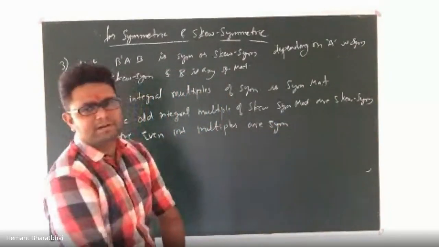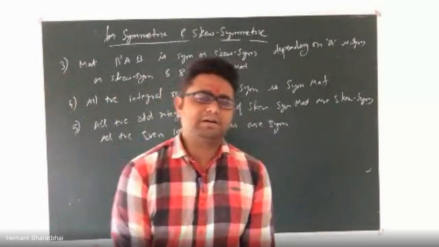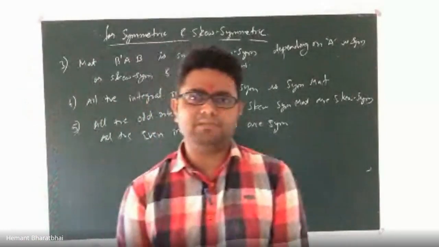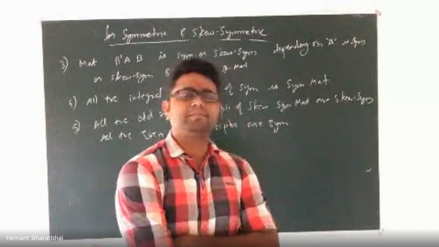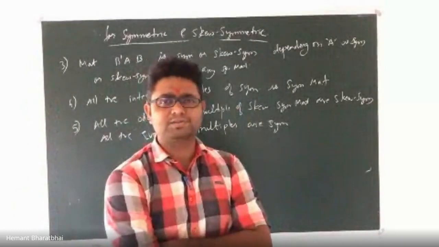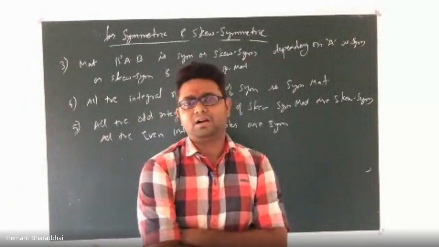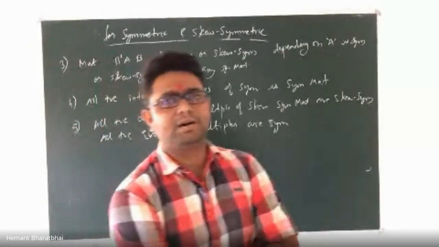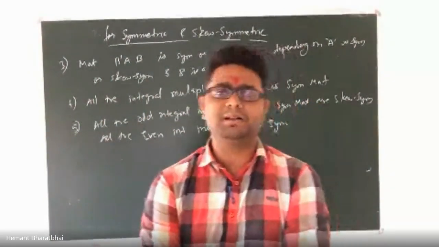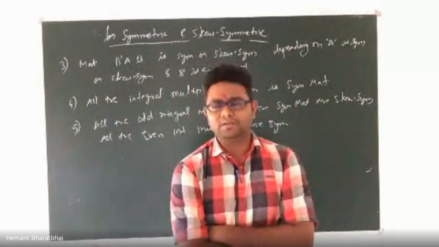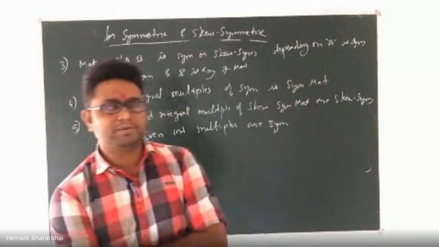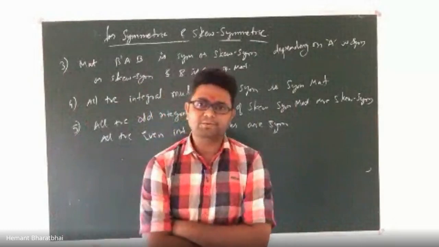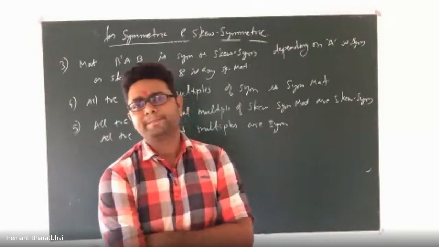So if it is a skew symmetric matrix, then the odd power will be skew symmetric, whereas the even power will be symmetric. Why? Because for a skew symmetric matrix, A transpose is equal to minus A. So if it is an odd power, the minus will remain. If you take an even power, then minus will become plus and it will become symmetric. If you do the square, then minus A the whole square will be nothing but A square, which is symmetric.